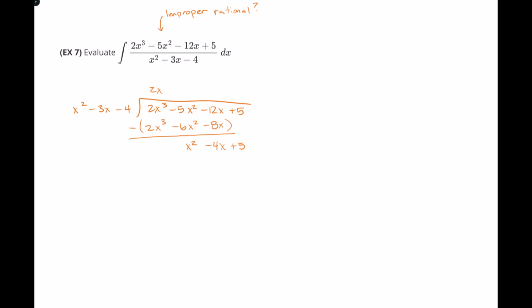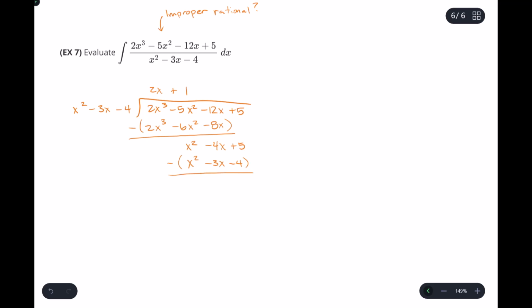So what do I multiply x squared to get x squared? Well, that's just 1. So 1 times x squared is x squared. 1 times negative 3x is still negative 3x, and minus 4. But I will be subtracting these two polynomials so that the first term cancels. This would result in negative x, and this would be 9.